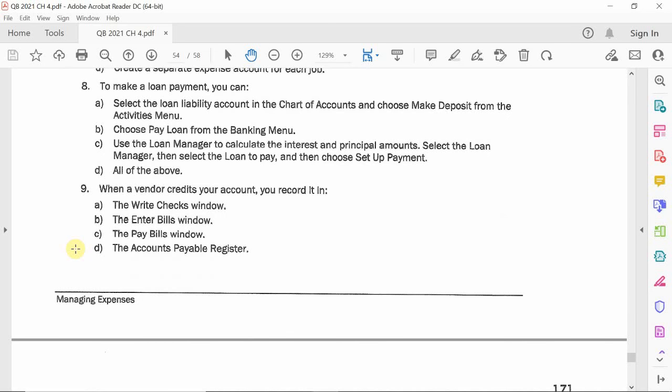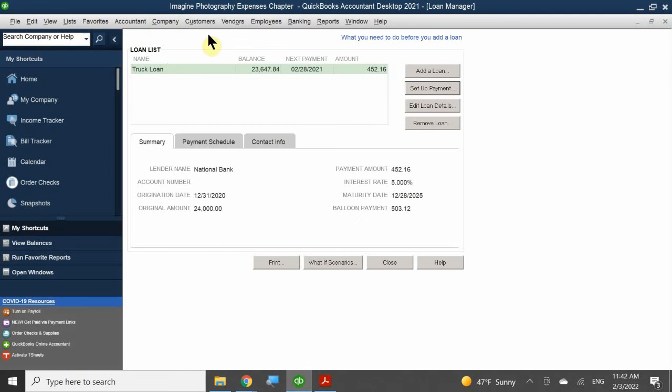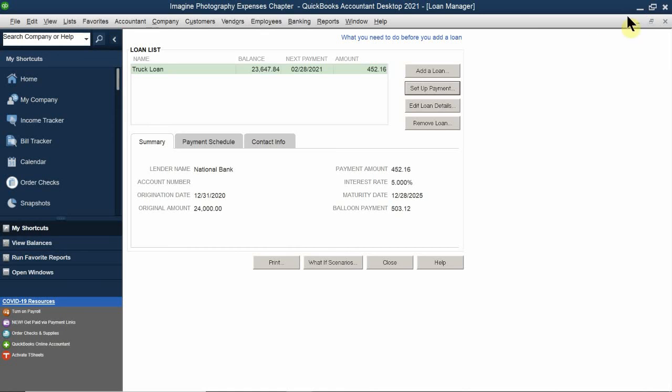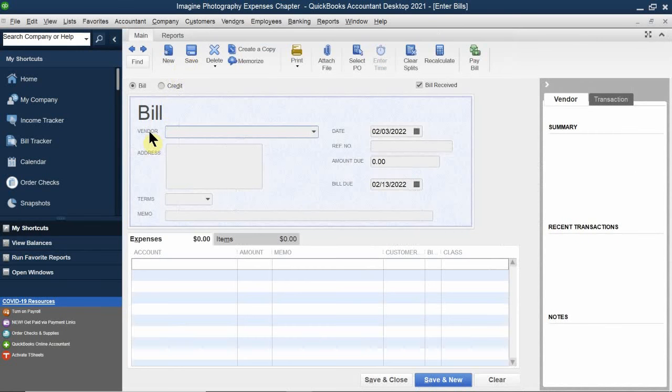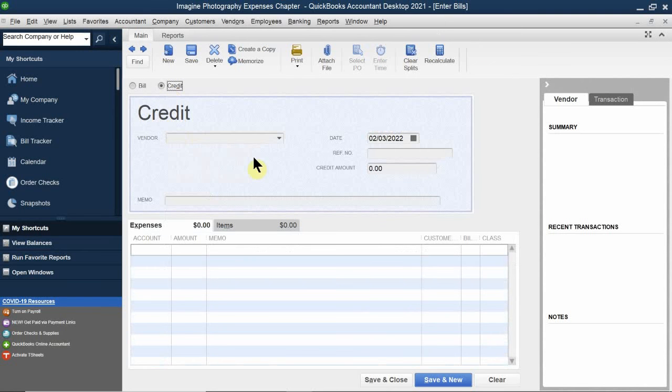My answer is B. You're going to enter the vendor credit by using the enter bills window. If you remember from the lesson, we entered in Nellis as a bill, and then when we received the bill credit, we recorded it by using the enter bills window, and we select credit.